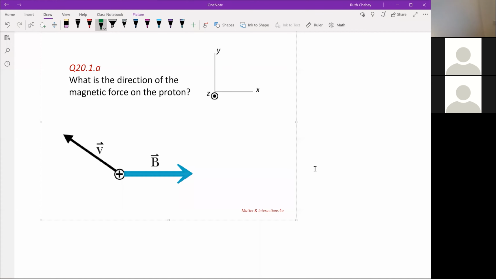Okay, as I hope you've been thinking, we can get the direction of a cross product.